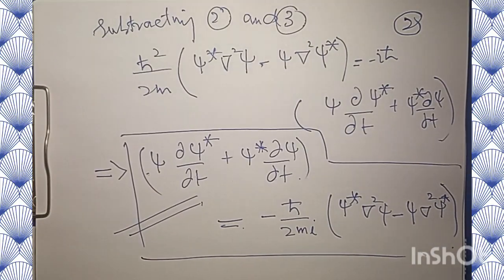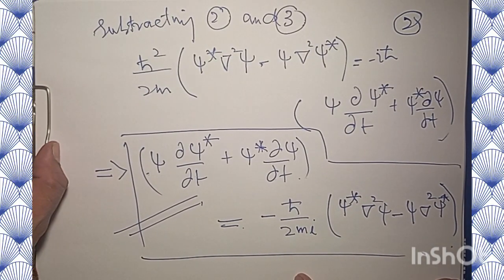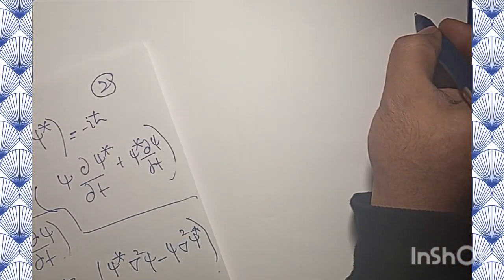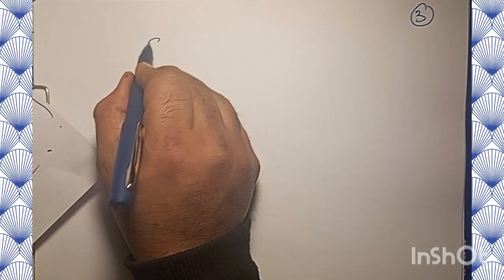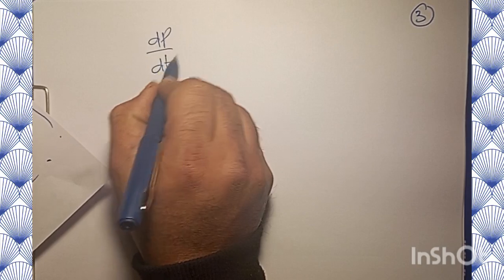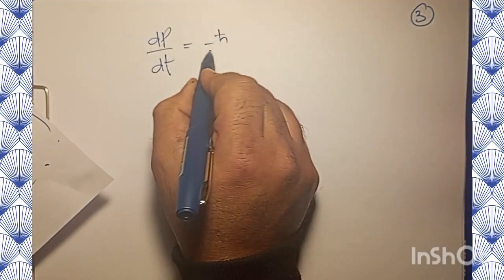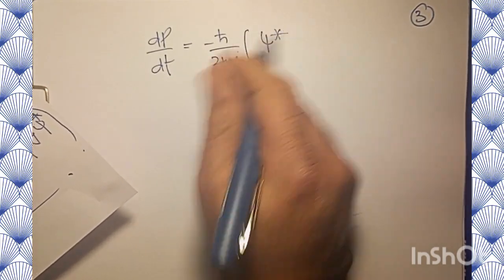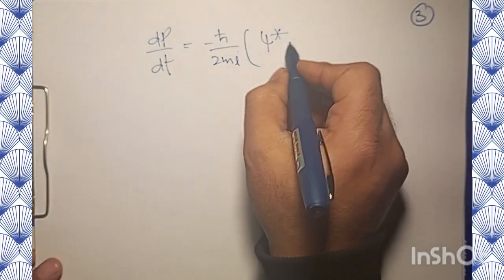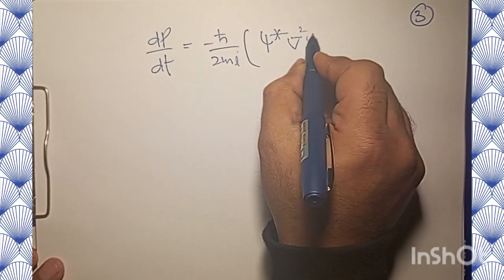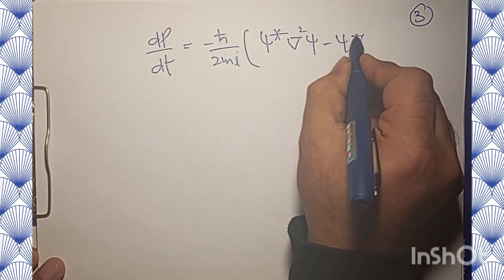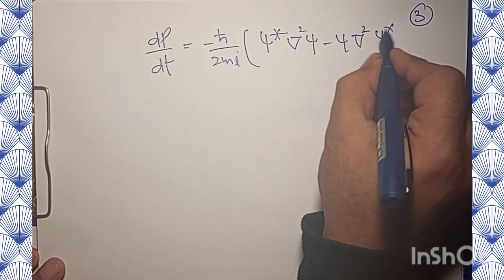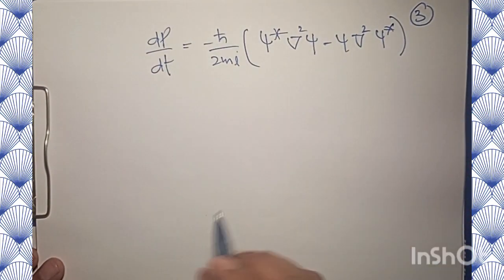Now we can use for this the dP/dt that we have already defined. So dP/dt is equal to minus ħ/2mi times (ψ* ∇²ψ − ψ ∇²ψ*), and that's it.